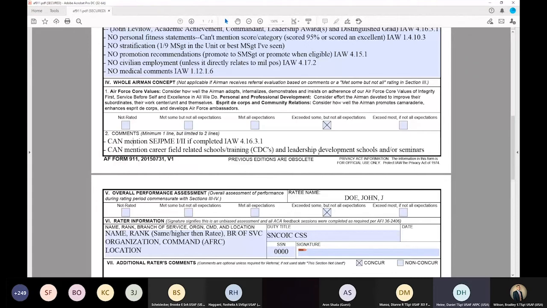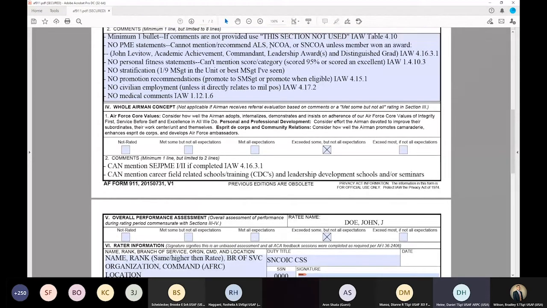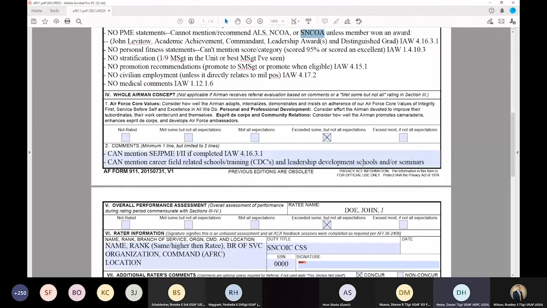Any leadership development schools and or seminars are also acceptable. As long as it's not senior NCOA, most likely not going to be NCOA for a 9/11, but as long as it's not senior NCOA, they can mention development schools and or seminars.